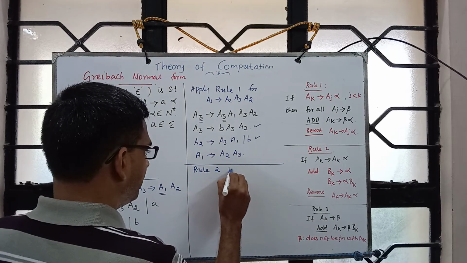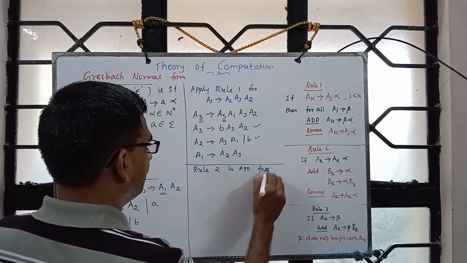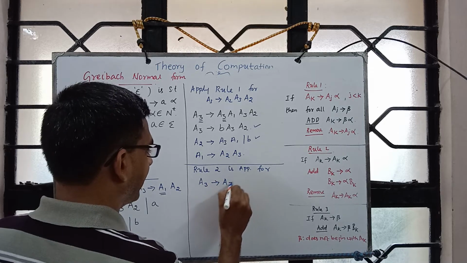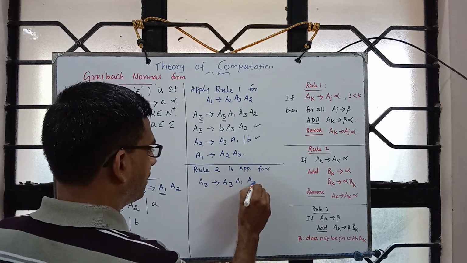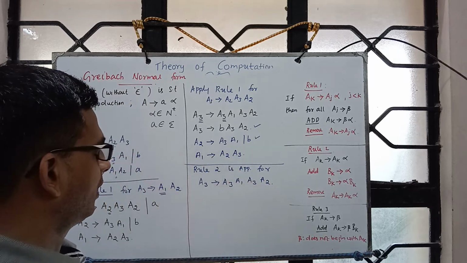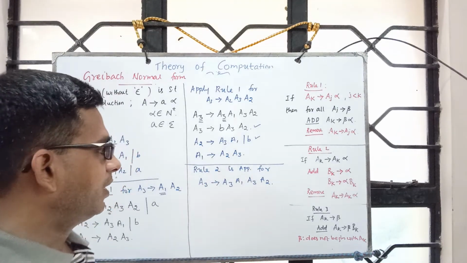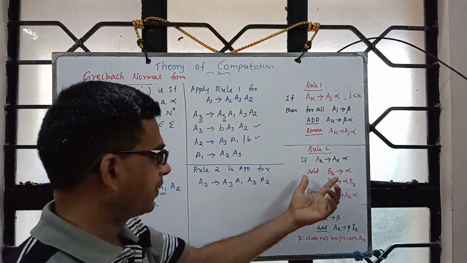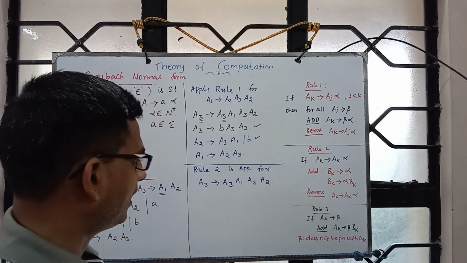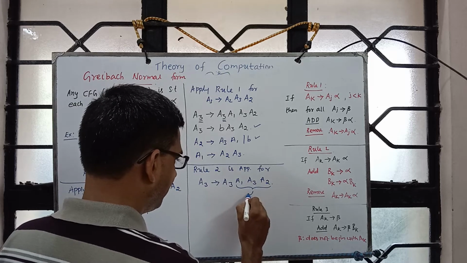So rule 2 is applicable for A3 implies A3, A1, A3, A2. Fine. What rule 2 says is AK implies AK alpha. Alpha is a string over non-terminals, right? So this is our alpha.